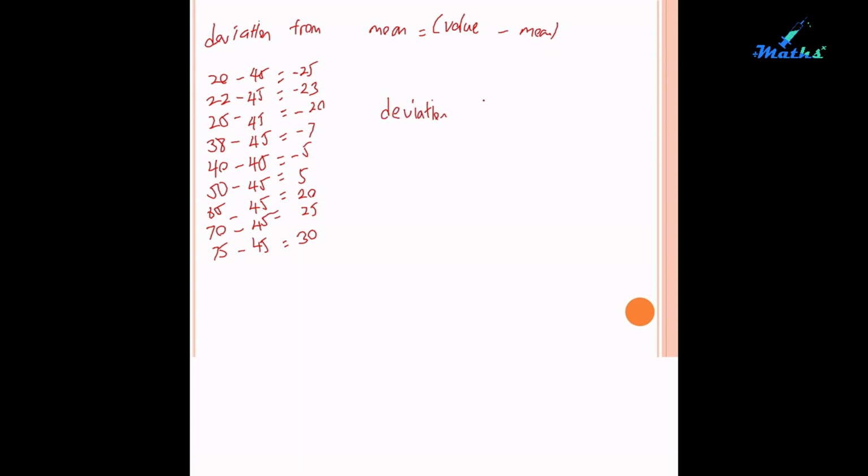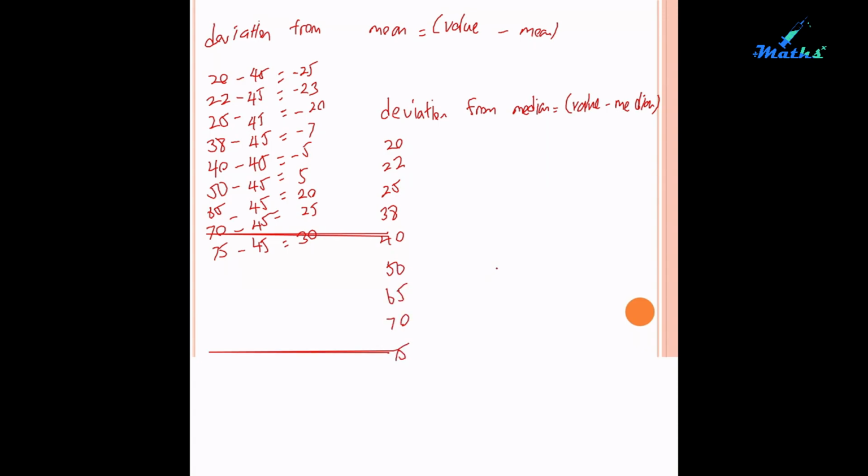Deviation from median equals value minus median. So the values we need to write again are 20, 22, 25, 38, 40, 50, 65, 70, and 75. Oh, sorry, I will erase it.